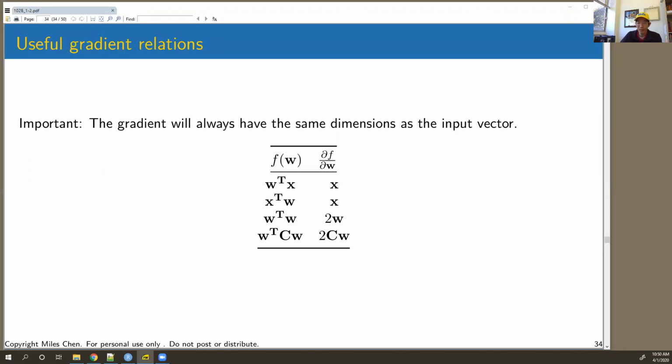Because it's got to be W transpose C W. Yeah, C is going to have to be n-by-n, exactly.